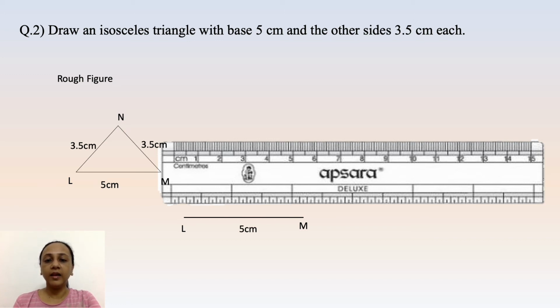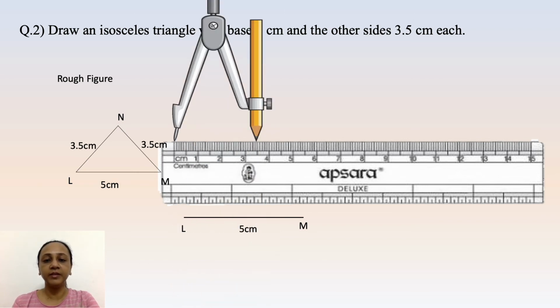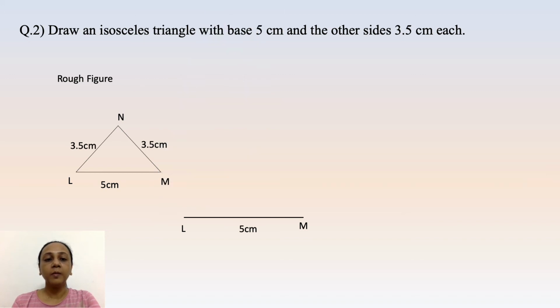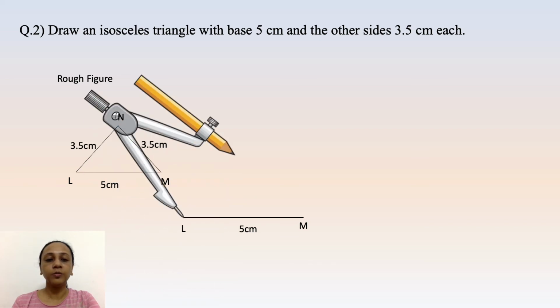Length LN and LM is 3.5 cm. Therefore, take measurement 3.5 cm in compass and keep metal pointer of compass on point L and draw an arc.